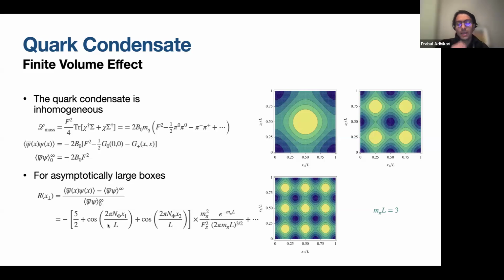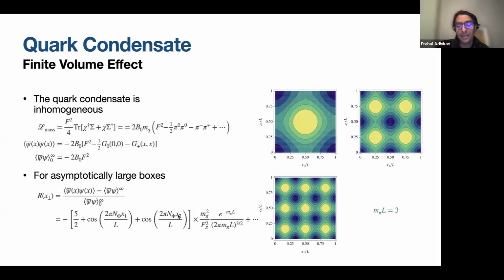So what I'm plotting here is how, as I go from one part of the box to the other part of the box, the chiral condensate behaves. And this behavior for large box sizes is periodic, and the repetition depends on the flux quanta you choose. So if n phi is 1, there is periodicity in the x direction: you go from 0 to L, and the chiral condensate repeats itself.